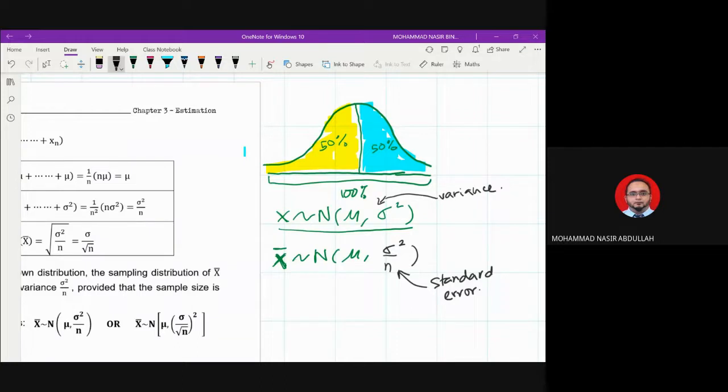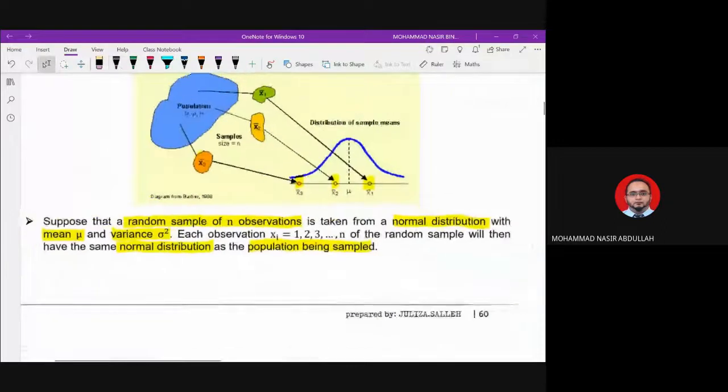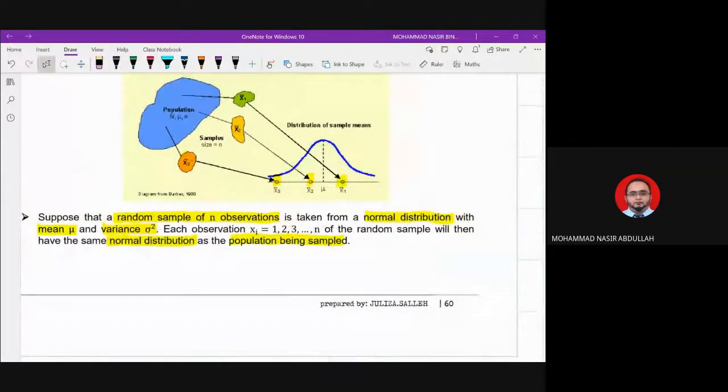So boleh relate tadi I cakap berkenaan dengan this part. This part means that when you take several samples from a normal population, so normal population X for each observation would have mean and variance for a single observation.